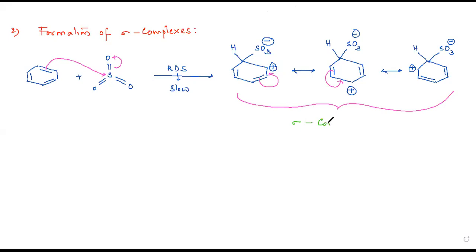These are sigma complexes or arenium ions, but the resonance hybrid is this one. It is because right from here to here, the positive charge is moving, right?